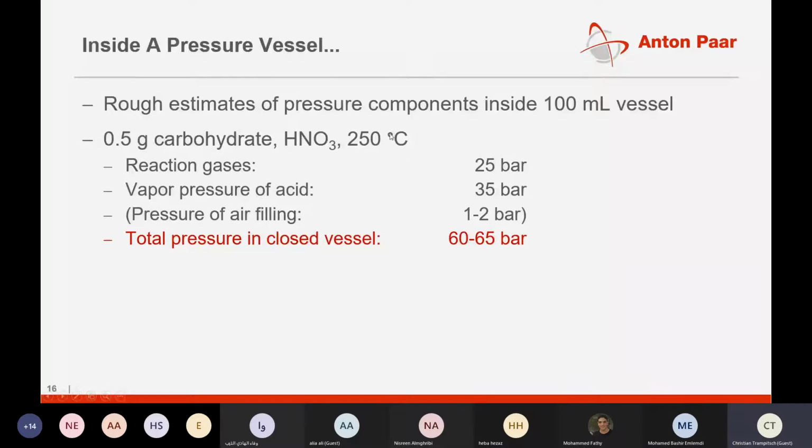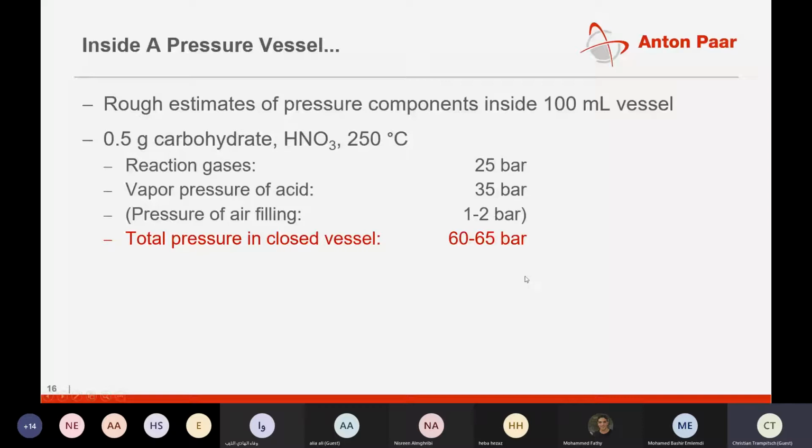And what we see is that we end up with a pressure of roughly 60 to 65 bar. We also provide a vessel which is able to provide these conditions, so we can make this digestion in one of our vessels. But what we see is 25 bar coming from the sample, 35 bar coming from the acid vapor pressure, and we also have some air inside, which also contributes to the pressure inside the vessel.